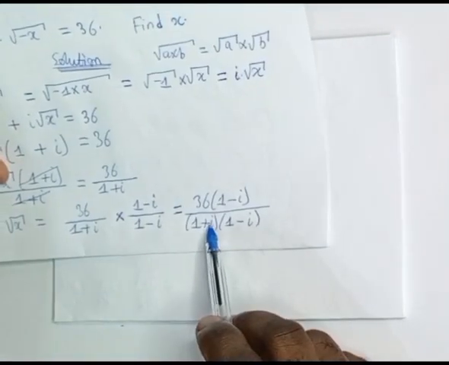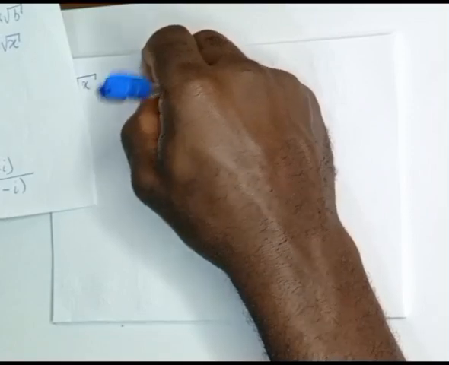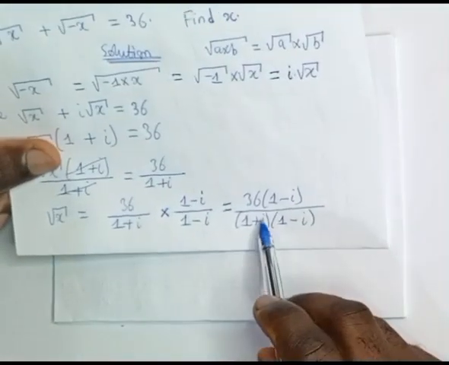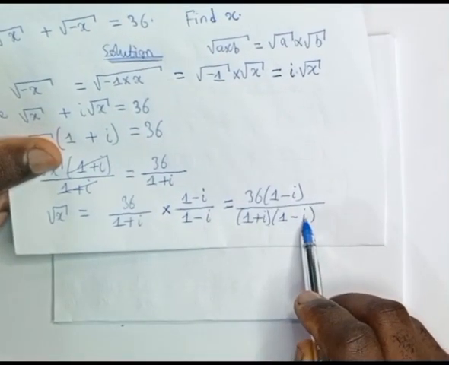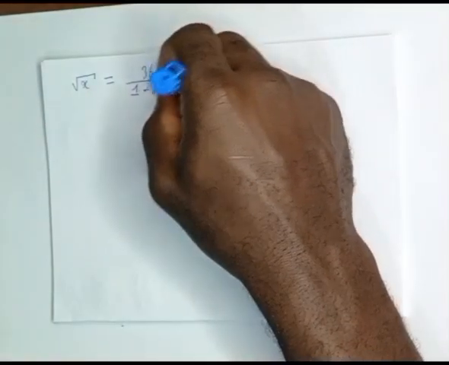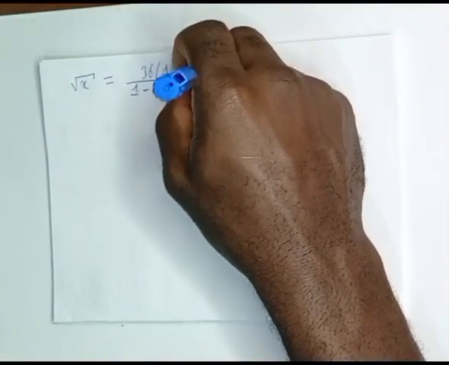We go now to i times 1 gives us i, plus i times negative i gives us negative i squared.